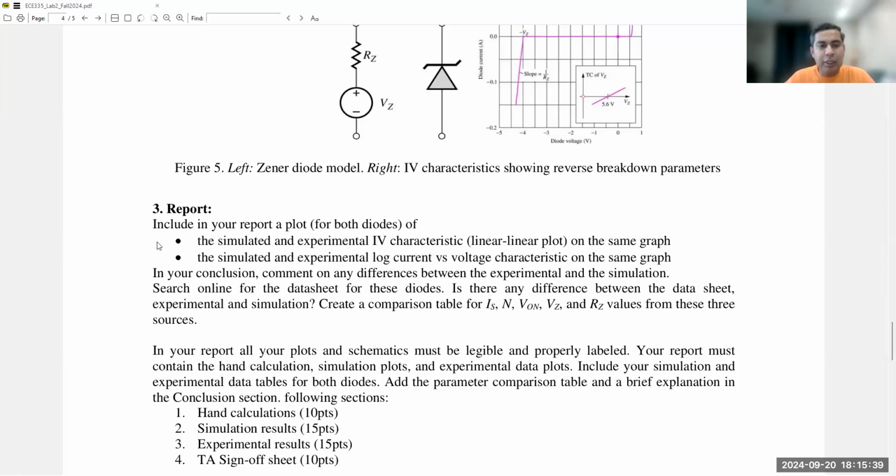And for the report, for both diodes, for both experiments, you have to add the simulated IV plot with the experimental IV plot in the linear graph, so that we can see whether they deviate or whether they match in terms of their trend and in terms of their values. If they have too large of a deviation, then you may have to explain why that is. Maybe your resistance values do not match properly.